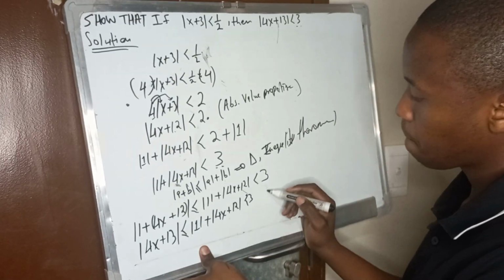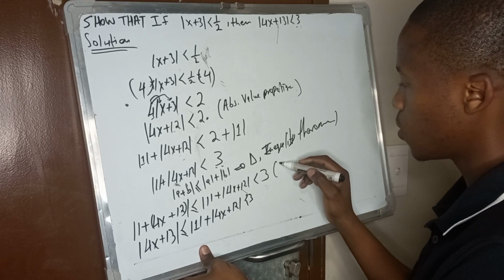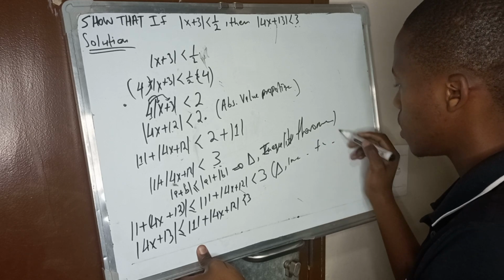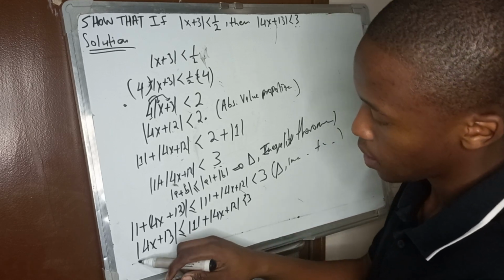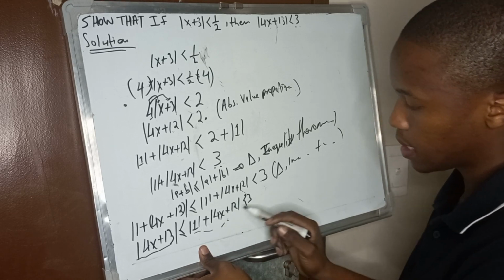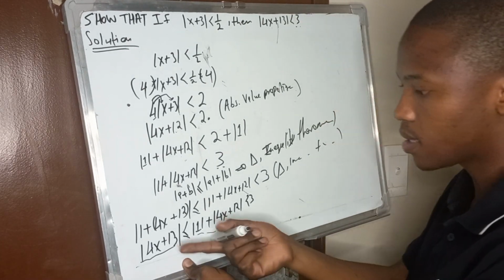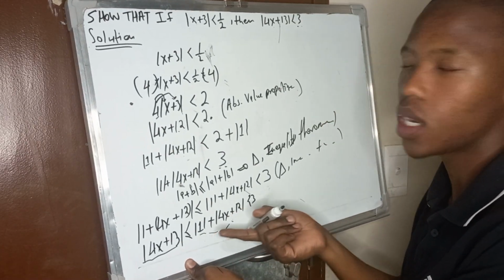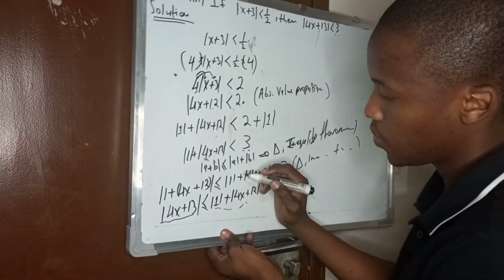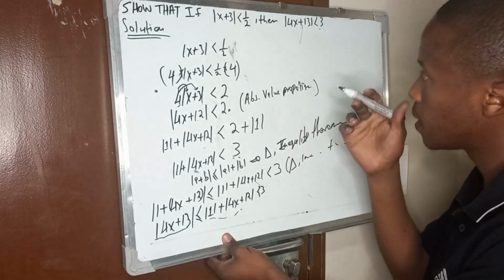Always remember to reference that I have used the triangle inequality theorem. So if this is less than or equal to this, but this is less than 3, then by transitivity, the conclusion follows.